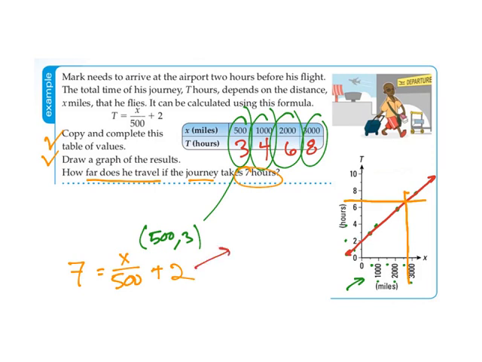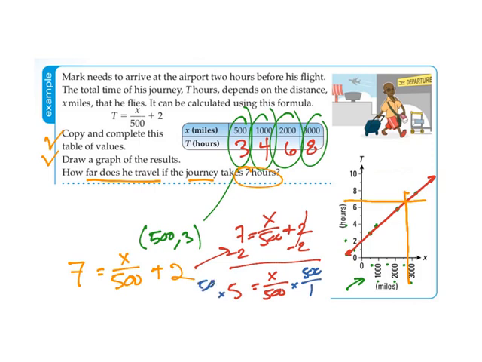So using your algebra skills, 7 equals x divided by 500 plus 2. I'm going to subtract 2 from both sides, just like we talked about in class. This makes 5 equal to x divided by 500. Now I'm going to multiply by the inverse, like we've done in class, 500 to each side.